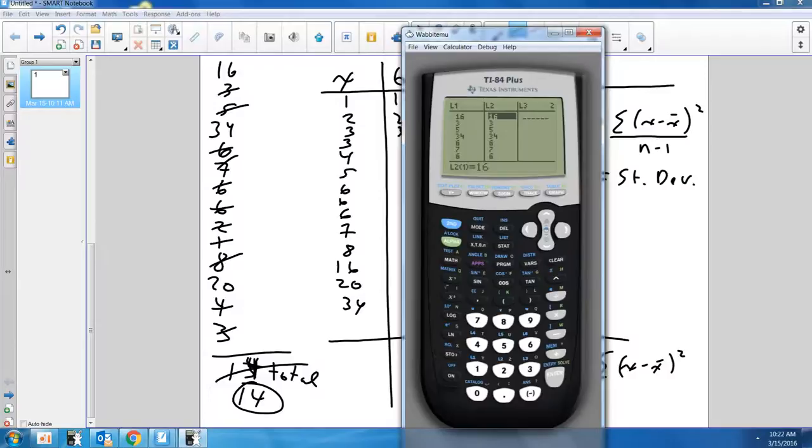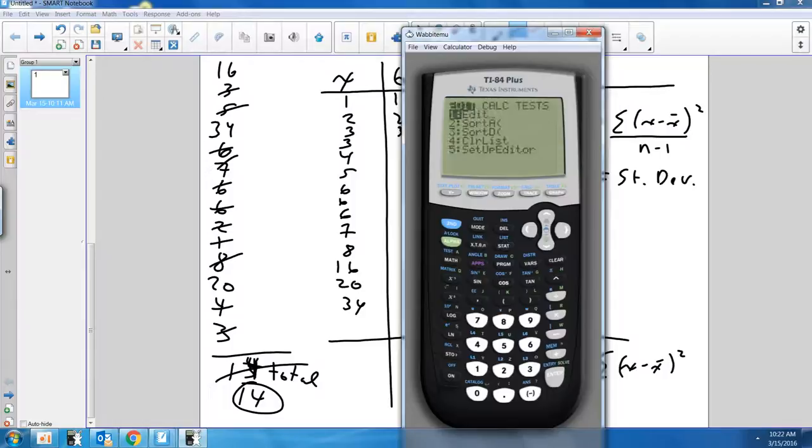Then what I want to do is go to the third list, and I want to actually take my L2, well, let's go to L2 and sort L2 so it puts it in numerical order. To do that, you quit out of the whole thing, and then you're going to go to Stat, Sort Ascending, and I want to do L2 here, so I'm going to do second 2, and that's going to give me done.